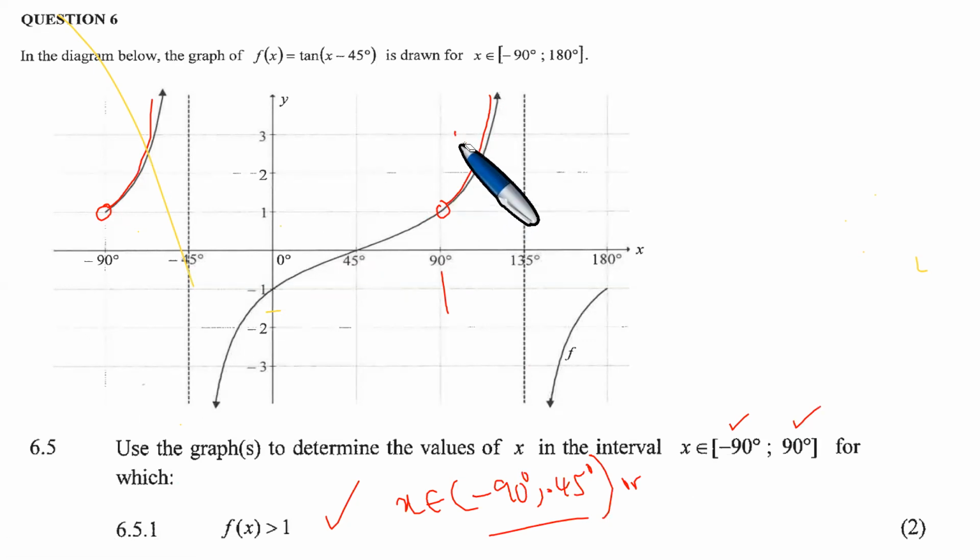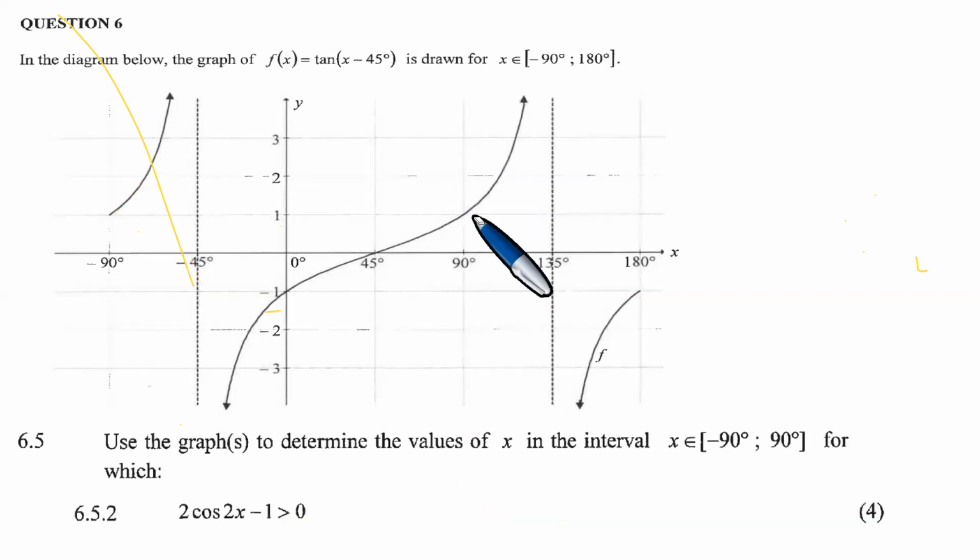Next question. Use the graphs to determine the values of x in the interval between minus 90 and 90 degrees, where this function is bigger than 0. What kind of a function is this?